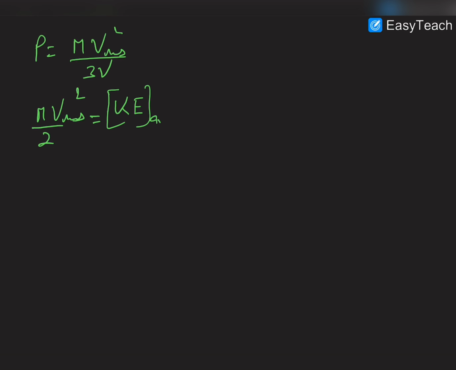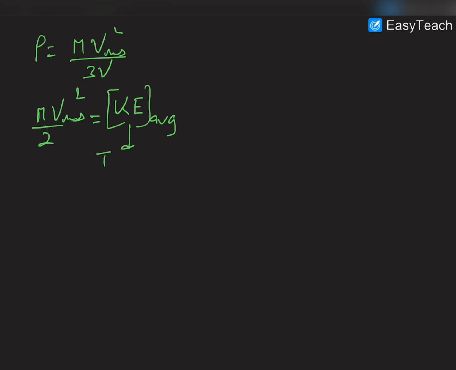Now we know that P is equal to m V RMS square by 3V, and m V RMS square by 2 is the average kinetic energy of the molecules, and this is obviously translational kinetic energy, because we are taking the velocities Vx, Vy, Vz.